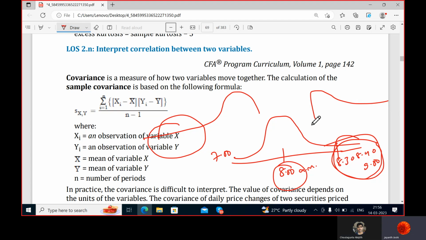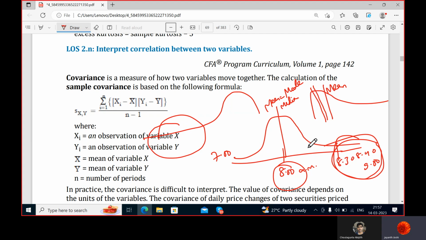So this is skewness. In symmetry, mean is equal to median is equal to mode, correct? But in skewness, what will happen? Your mean will come this side, your median will be here, your mode will be here.